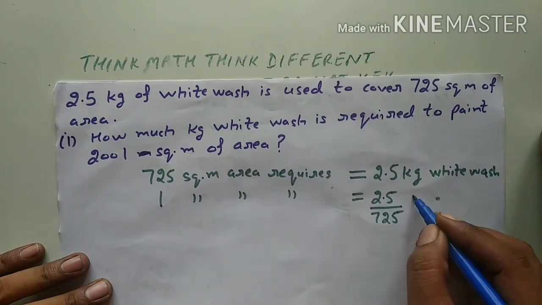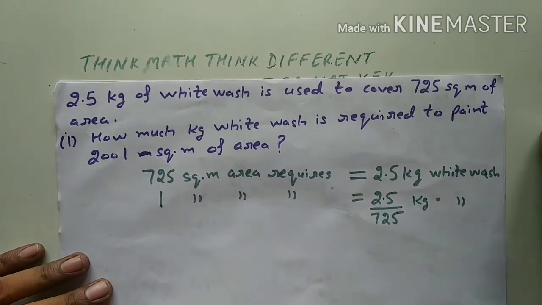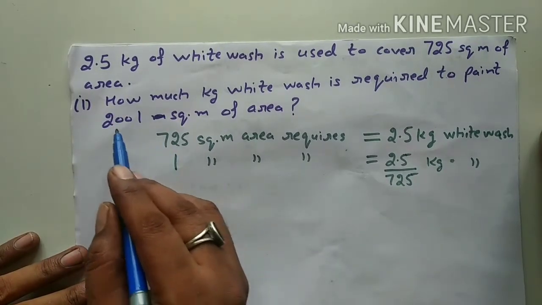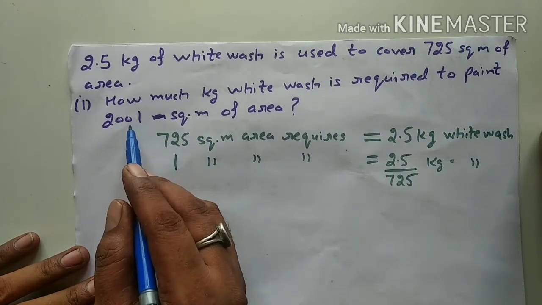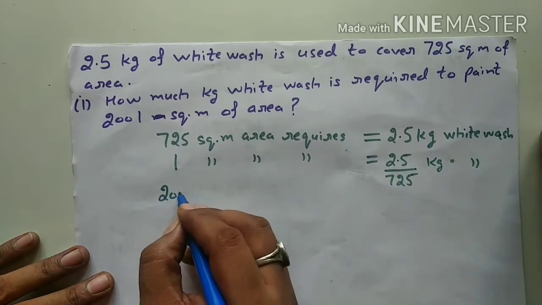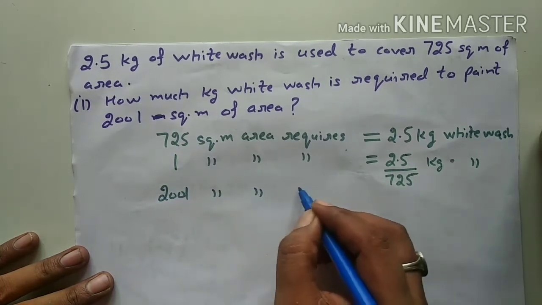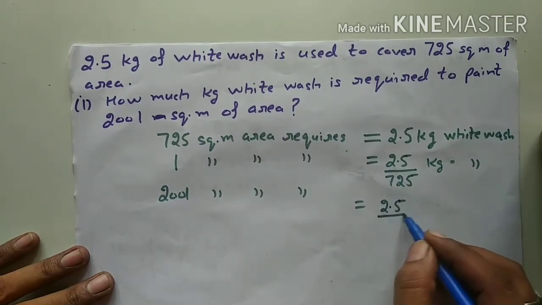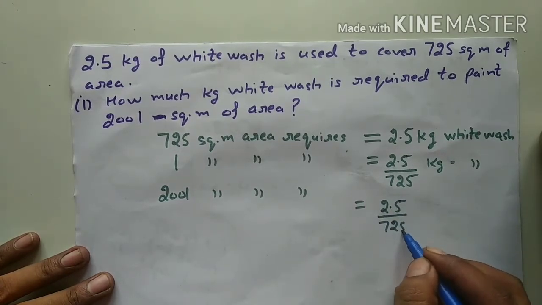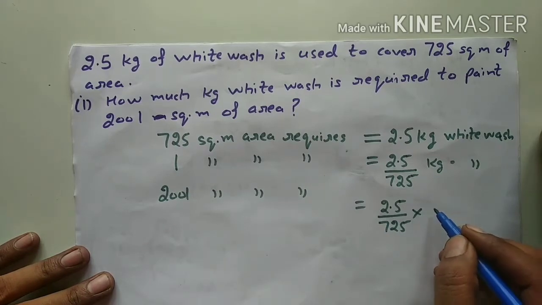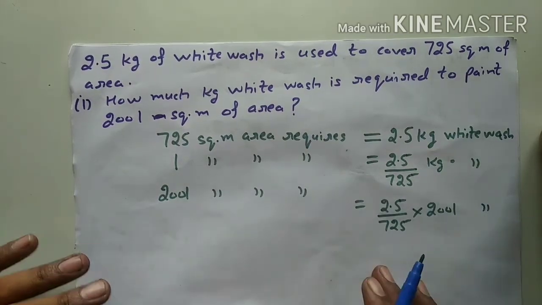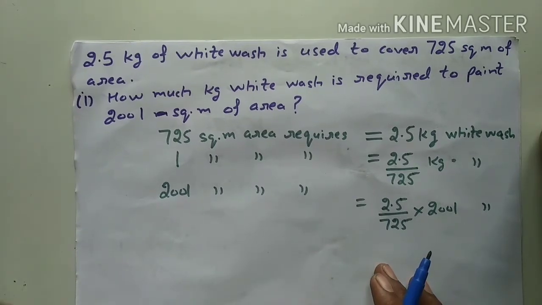Now again, how much area is given in the question part? 2001. 2.5 divided by 725 multiply 2001. Okay, now I will have to solve this.